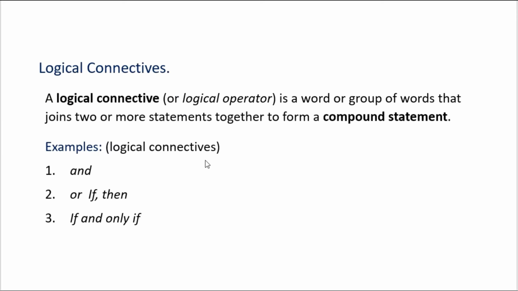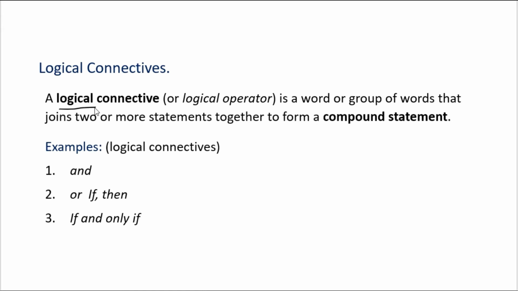Next we move on to logical connectives. Now, we use statements in our everyday conversation, and we generally tend to combine two or more statements into one statement. The way we combine statements is we use certain words which we shall call connecting words or logical connectives.